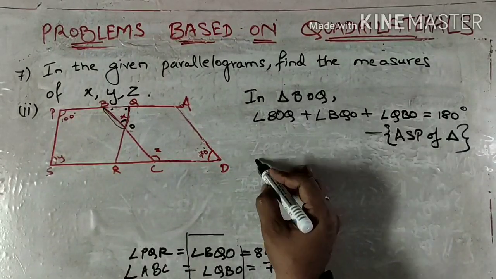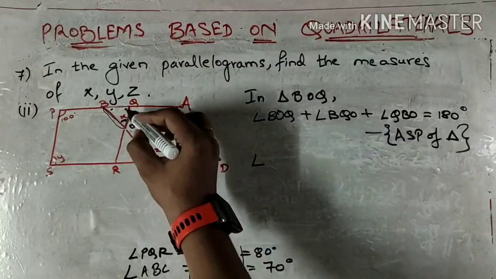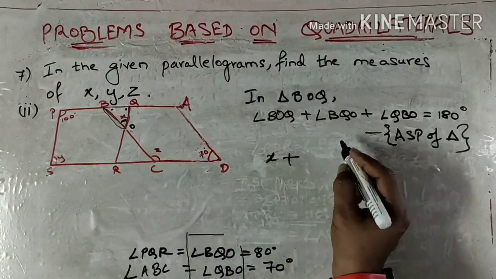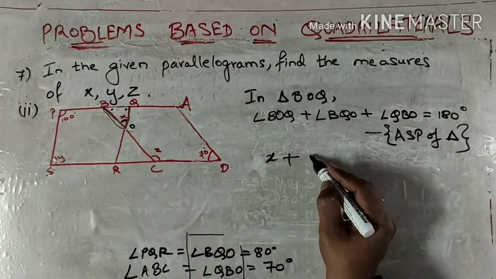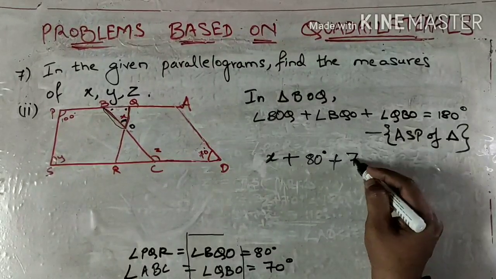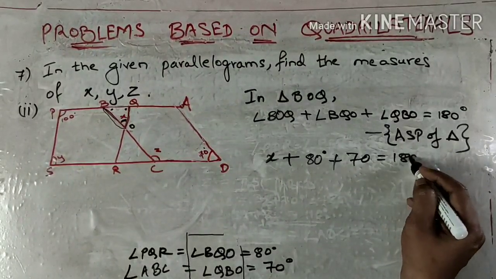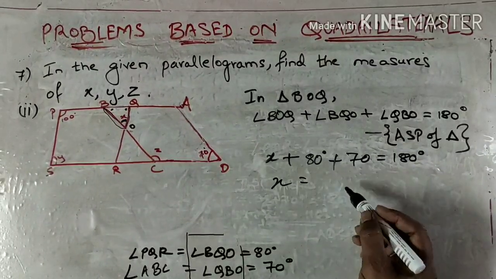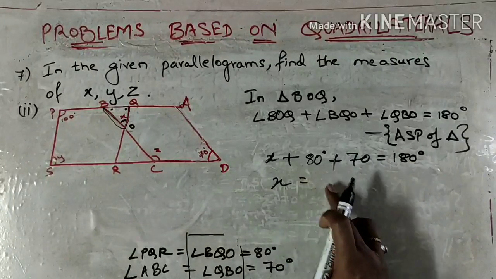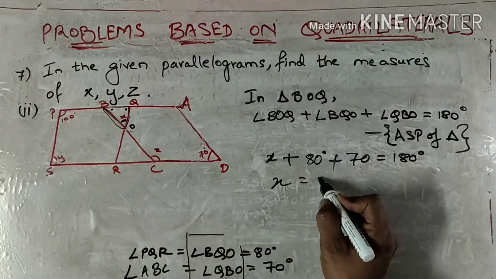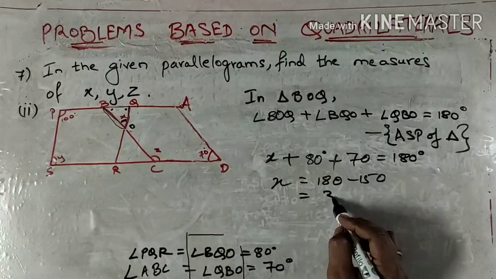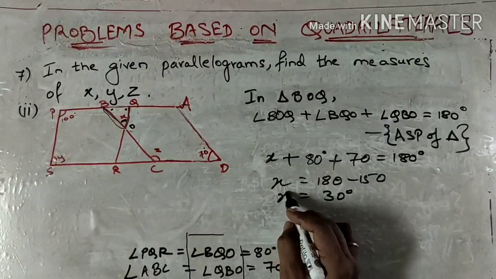From here we can write the values. BOQ is nothing but x, plus BQO is 80, plus QBO is 70, gives you 180 degrees. Therefore x is equal to 180 minus 150, which is 30 degrees.